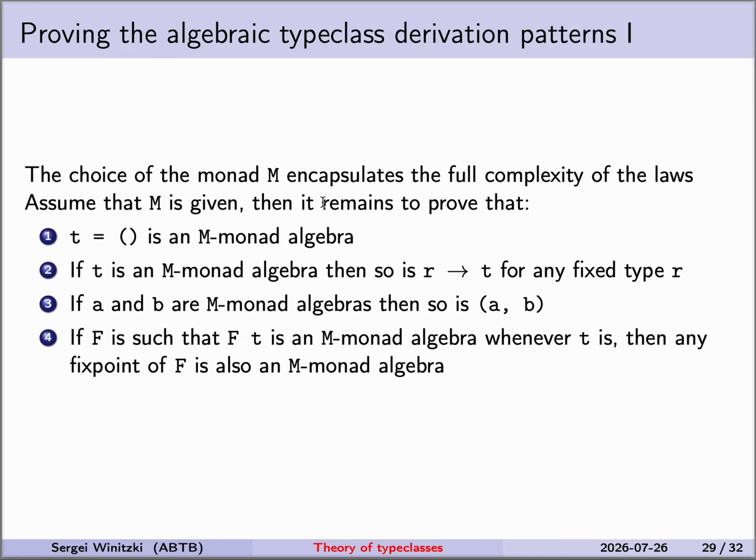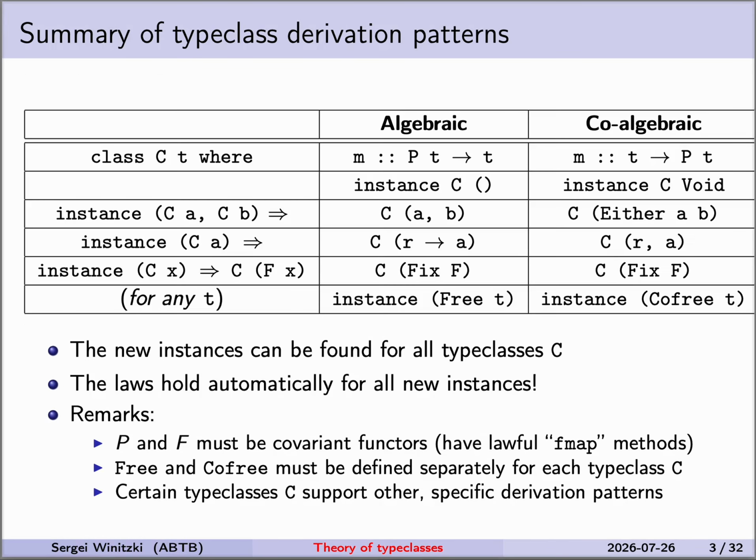then what do we need to prove in order to prove the type class derivation patterns? So let me go back to the initial slides where I showed those derivation patterns. So for the algebraic type classes, we have these patterns.